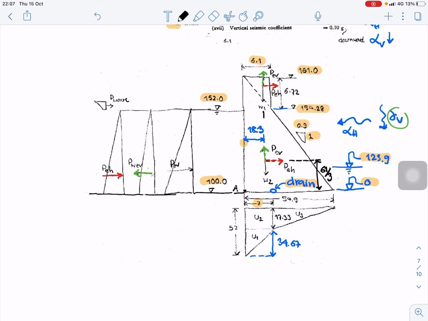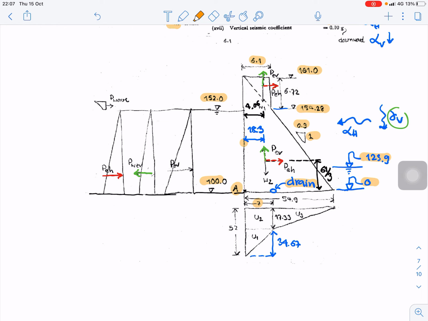And this length is equal to 2/3 of the 61, so it should be 4.6, because we have to compare to this point A to take the moment around point A.